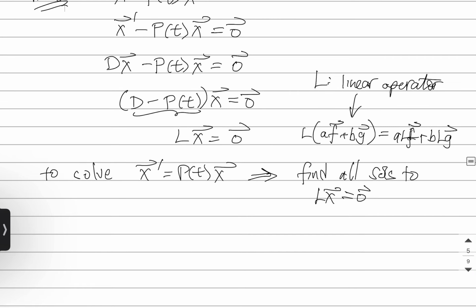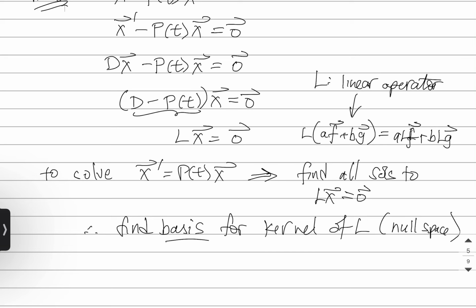And effectively, what we're trying to do is find what's called a basis for the kernel of L, or you can think about it as some sort of null space. I want to find all the answers to this Lx equals 0.